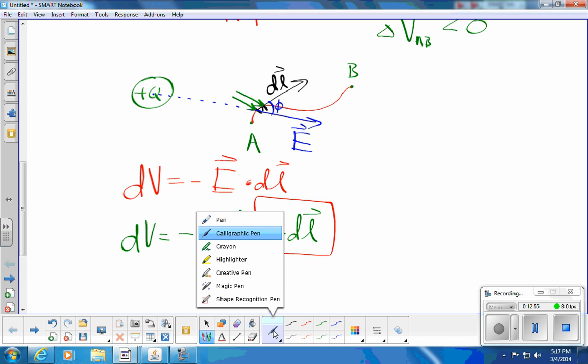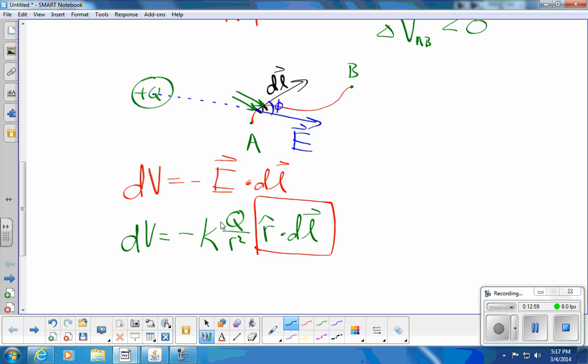Okay, so my r vector, which is going to be purple, is the same direction as the E vector, but it's a different vector. So I'm drawing this r hat unit vector. And what I'm interested in then is the dot product of r hat dot dl vector.